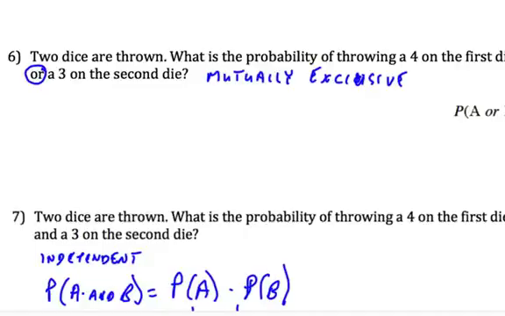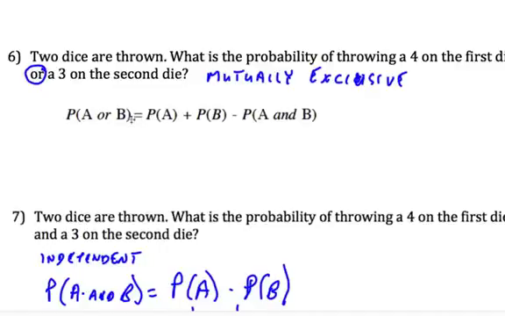So since this is non-mutually exclusive, the way we calculate this is the probability of A or B is equal to the probability of A plus the probability of B minus the probability of A and B. So this is for non-mutually exclusive. And I'll write that up there.